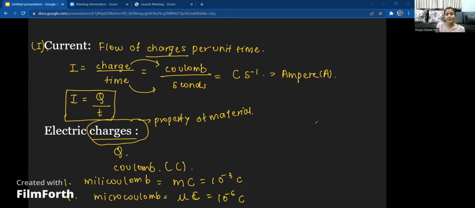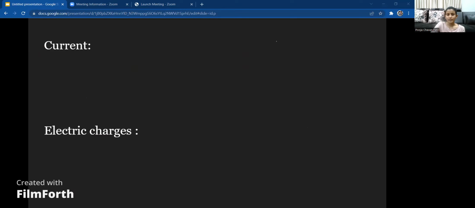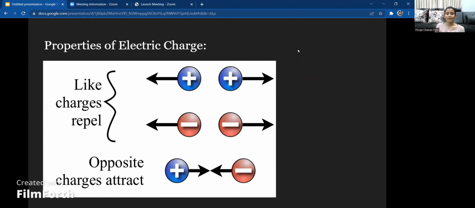Now basically charges are of two types. First one is the positive charge and the other one is the negative charge. Now we'll see the properties of the charges. The first property is that like charges repel each other.